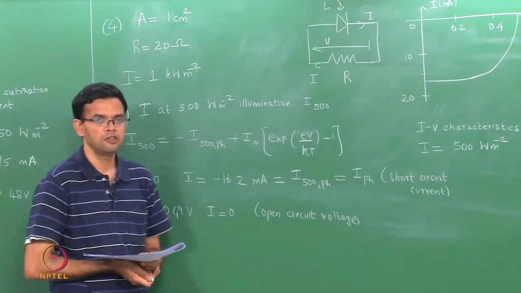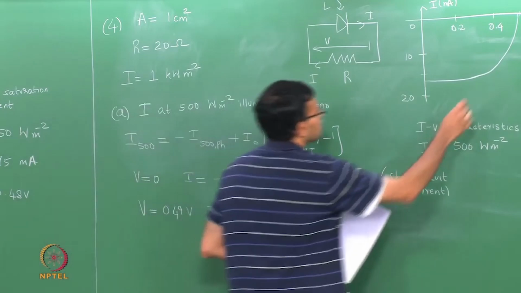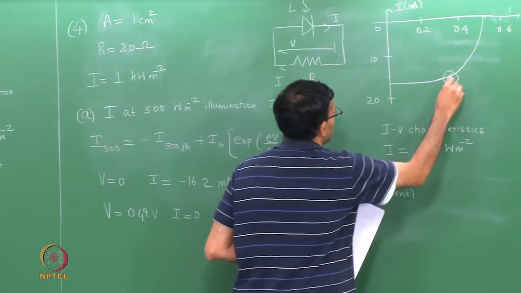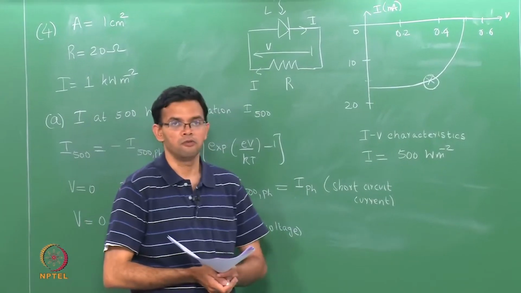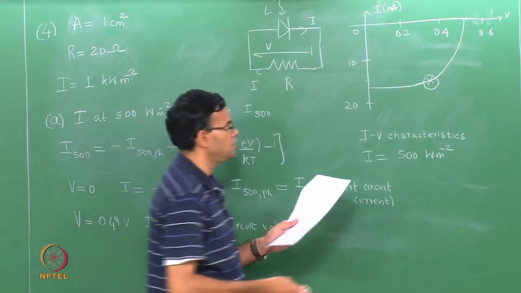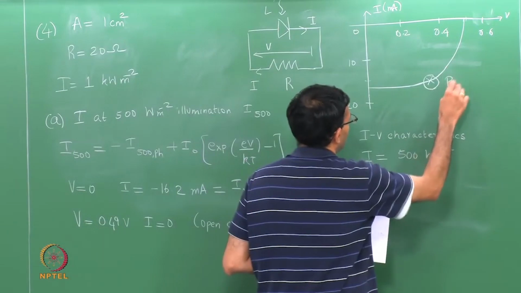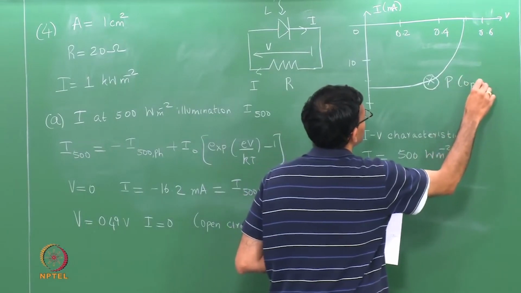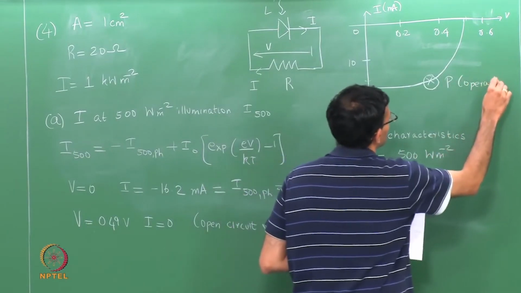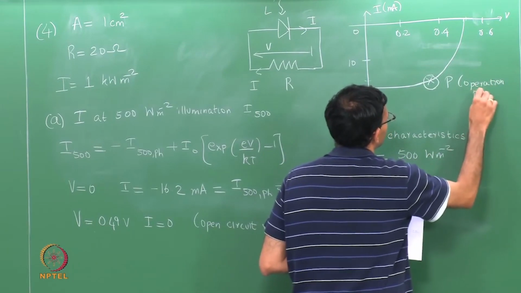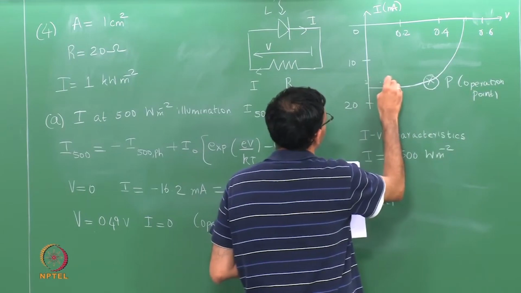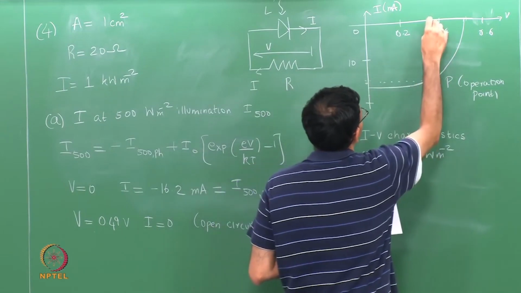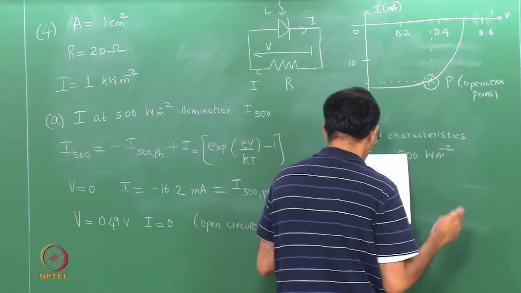The question also says that the device at 500 watts per meter square illumination is essentially operating at point P. And for this we can calculate the current and the voltage.